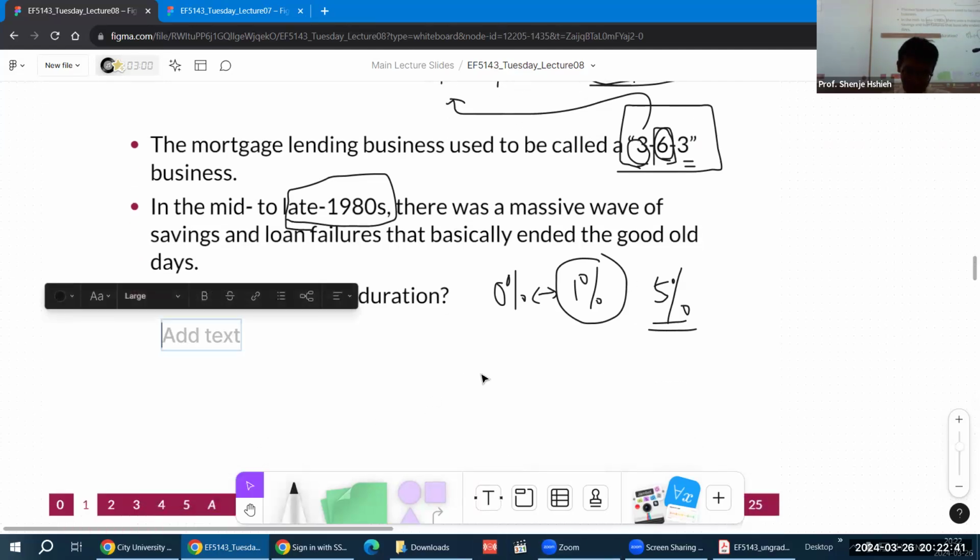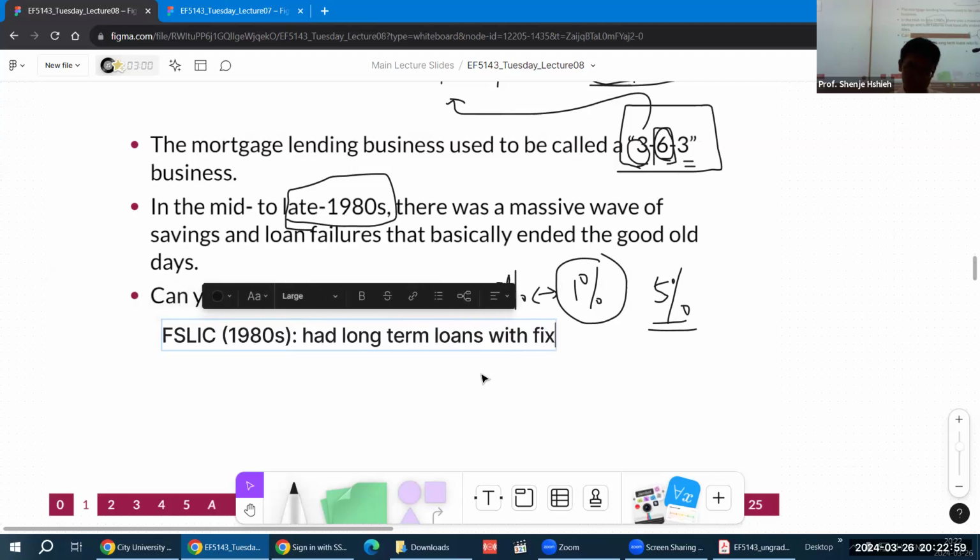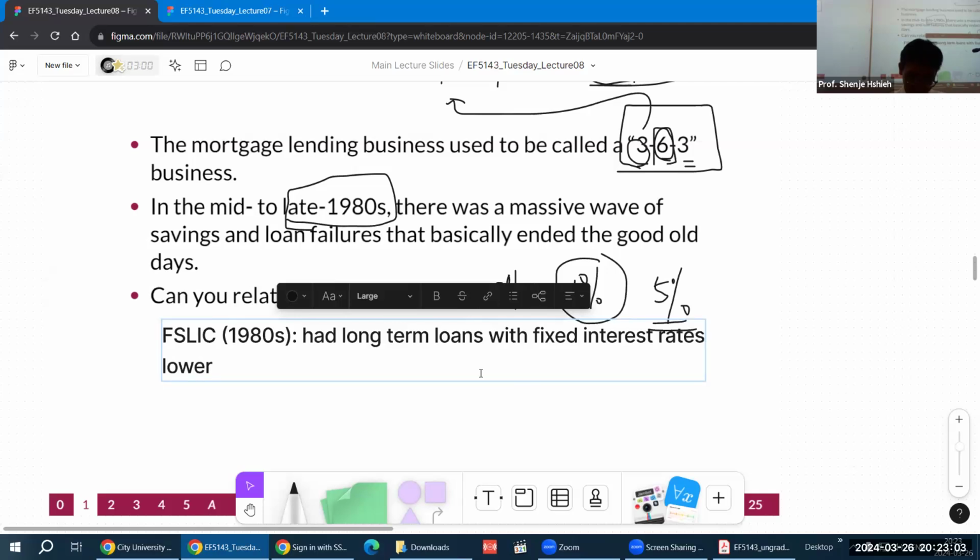Okay, so hopefully that's clear. So in the 80s, it was the Federal Savings and Loan Corporation that, in the 1980s, had long-term loans with fixed interest rates, lower than borrowing rates.